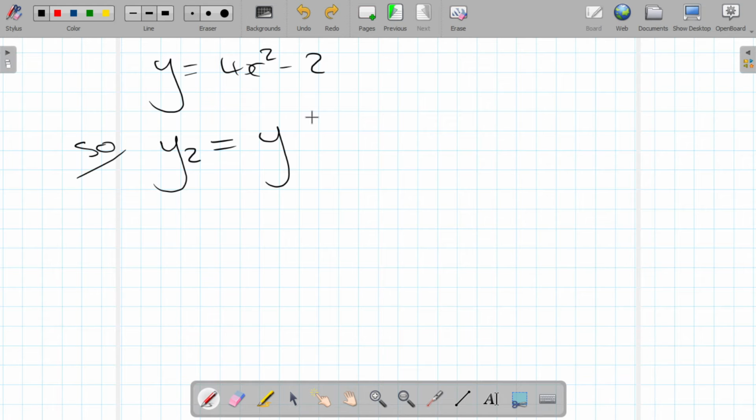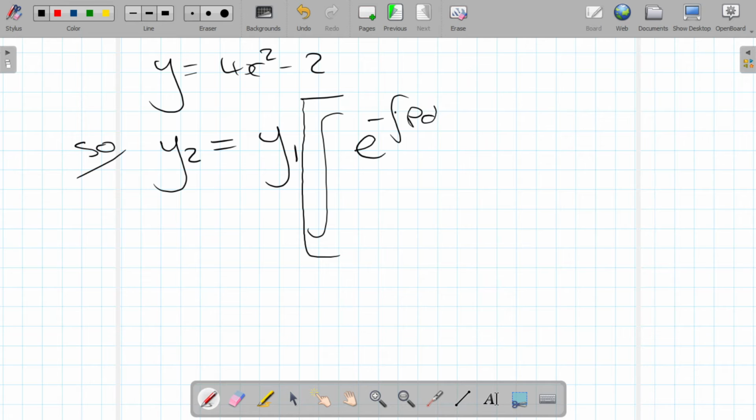Let me distinguish that 1 from the y. There we are. So y2 is equal to y1 times, in brackets, the integral of e to the minus the integral of p dx divided by y1 squared dx plus c.